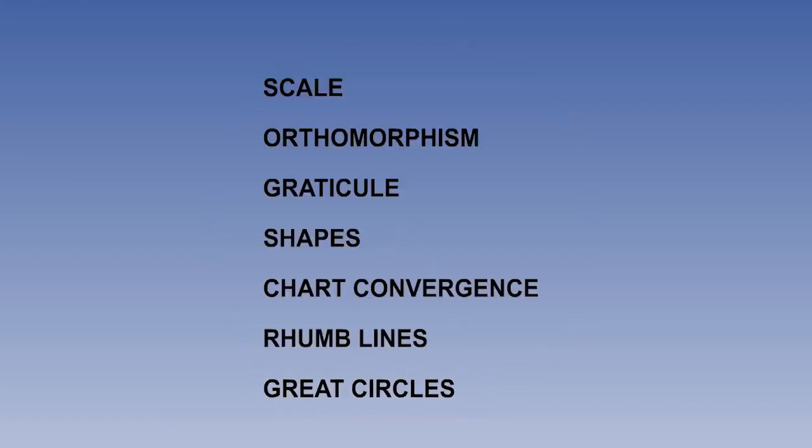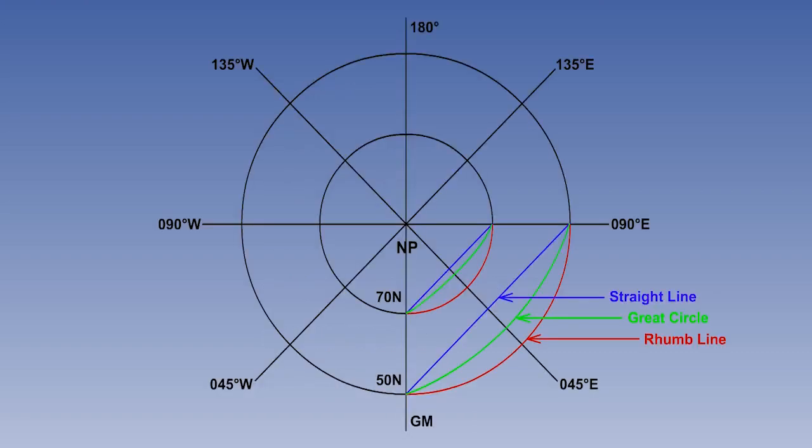Great circles are also similar to the Lambert's chart in that they are concave to the parallel of origin. However, in the case of the polar stereographic projection, the parallel of origin is the pole. Look at the diagram. Again, it is looking down on the North Pole with the Greenwich meridian coming in from the 6 o'clock position.